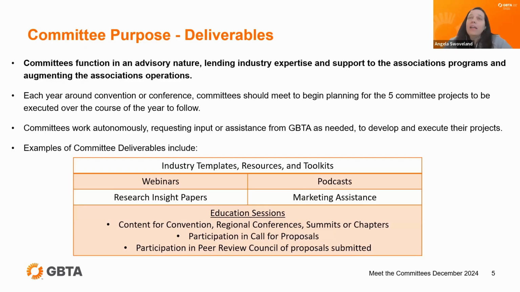And then the big one is the educational content. So education sessions, content for convention, regional conferences, summits, or chapters, participating in that call for proposals and participating in peer review council of the proposals that are submitted.